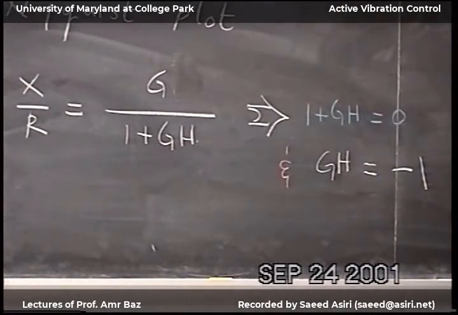Okay, so now we have GH will equal minus 1.